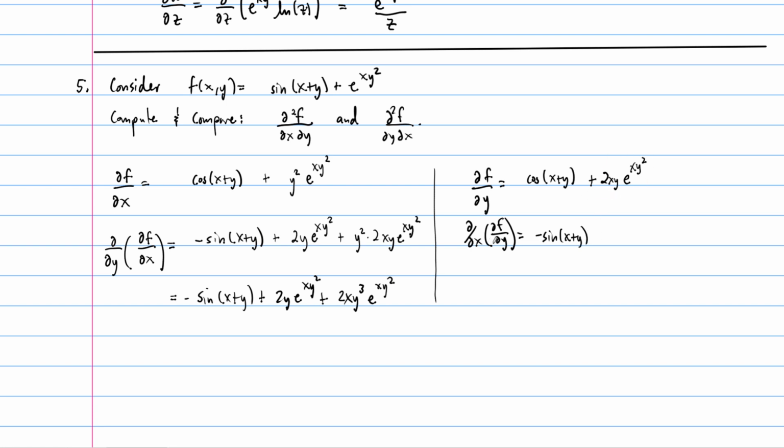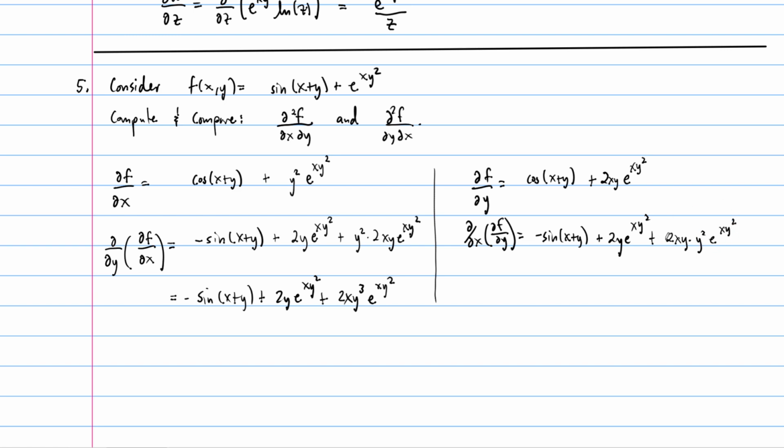Now the x derivative of the second term is going to be a product rule because we have x down below and an x upstairs multiplied together. So this is a product rule. So derivative of the first with respect to x is 2y, leave the second alone, plus leave the first alone, 2xy, times the derivative with respect to x of this term. So that was y squared e to the xy squared. We computed that earlier, right?